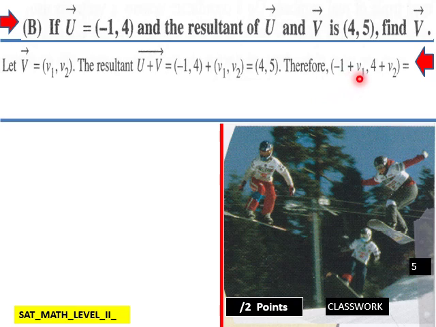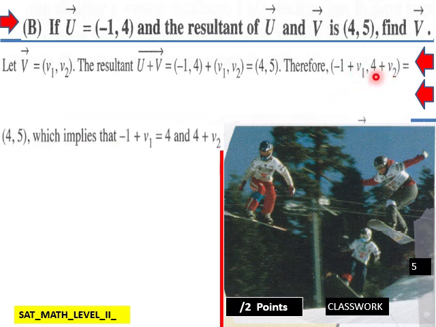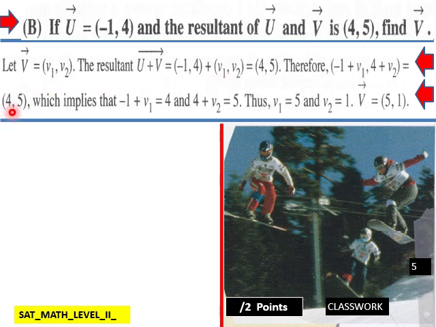Therefore, negative 1 plus v1 equals 4 and 4 plus v2 equals 5. Thus, v1 equals 5 and v2 equals 1. So vector v, therefore, equals 5, 1 by this process.